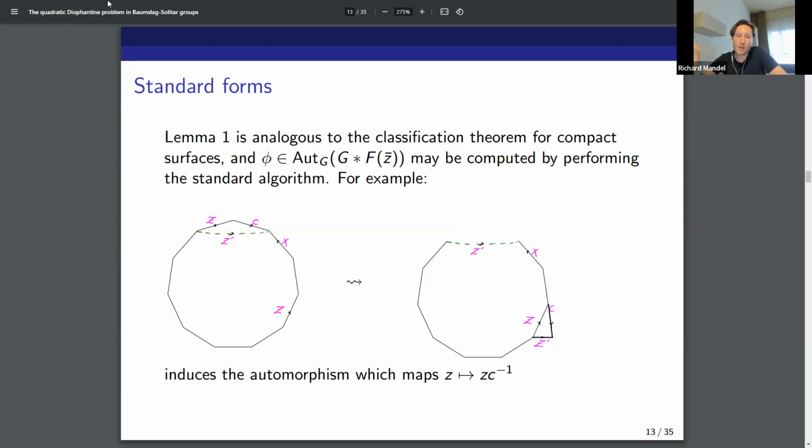But nowadays one almost always thinks of this theorem as an analog to the classification theorem for compact surfaces, because the algorithm for transforming an arbitrary equation into one of the standard forms is exactly parallel to the standard algorithm for taking an arbitrary compact surface and transforming it into a nice form.